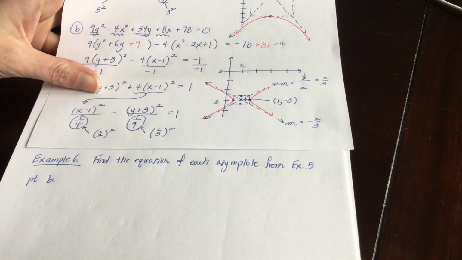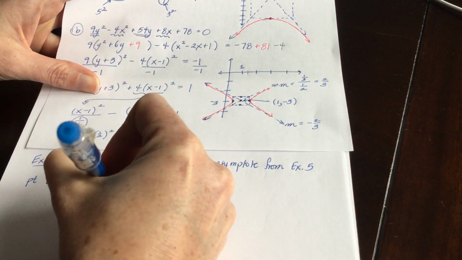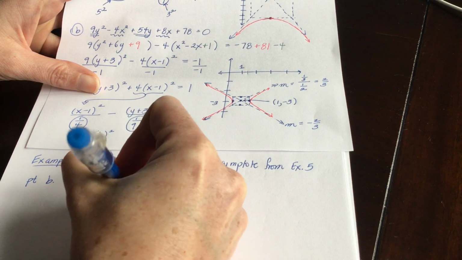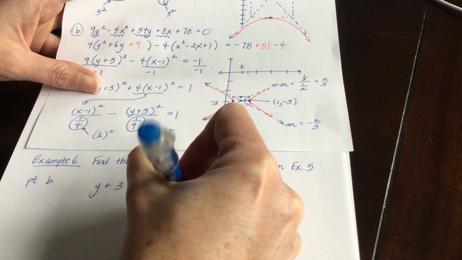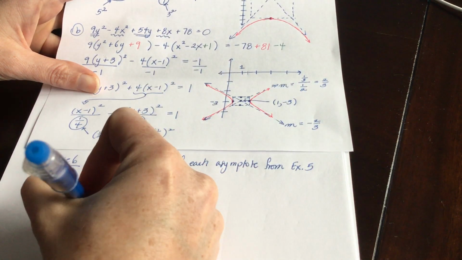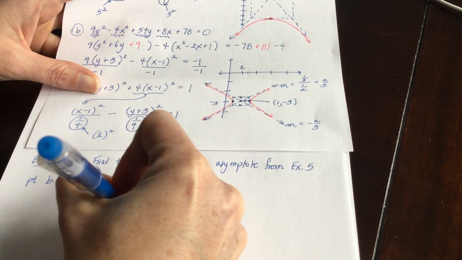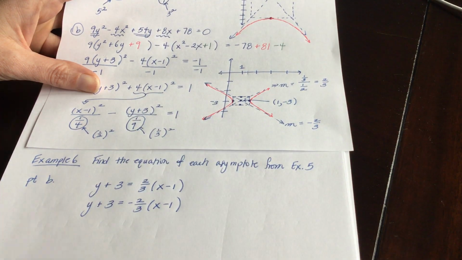So the equation of each asymptote, the one that goes up and to the right, would be y plus 3 equals the slope times x minus 1. And the line that goes down to the right would have been y plus 3 equals -2/3 times x minus 1.